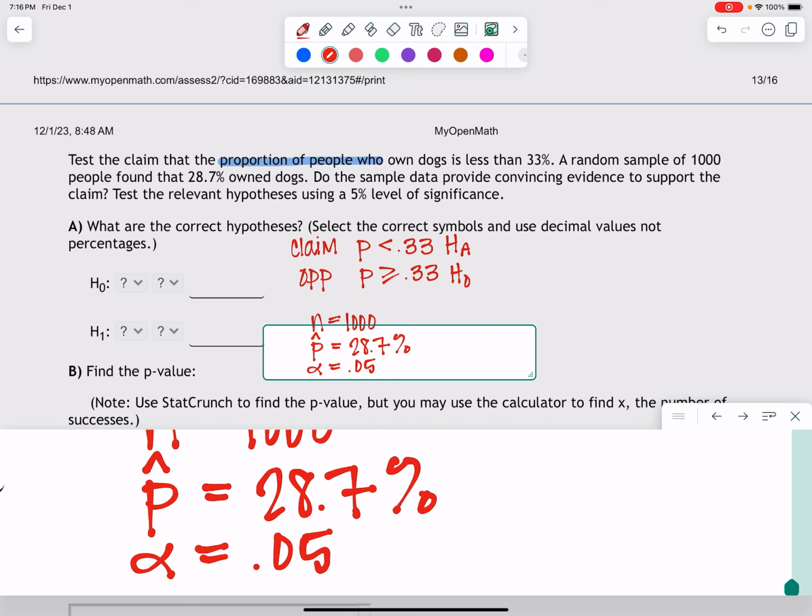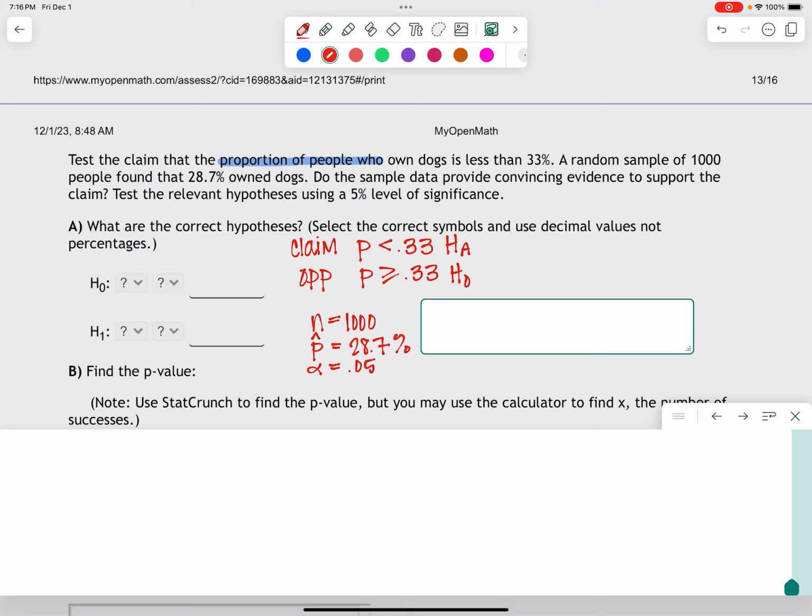Now, when you plug this in and run the proportion stats with the hypothesis testing, you're going to run the proportion stats with one sample and a summary. The catch is you need number of successes.